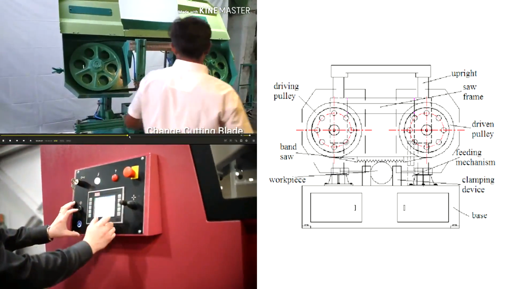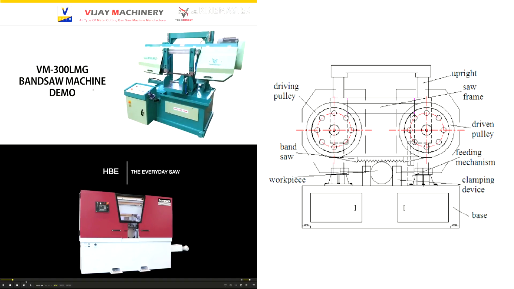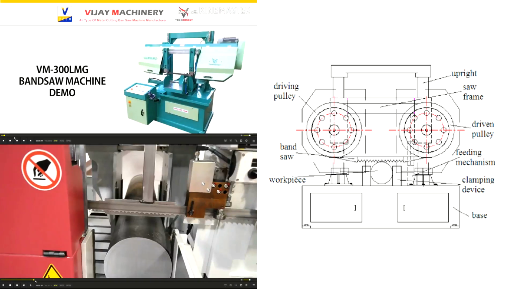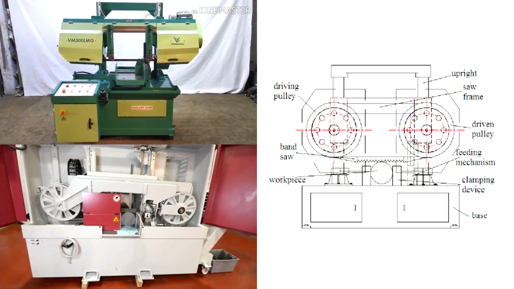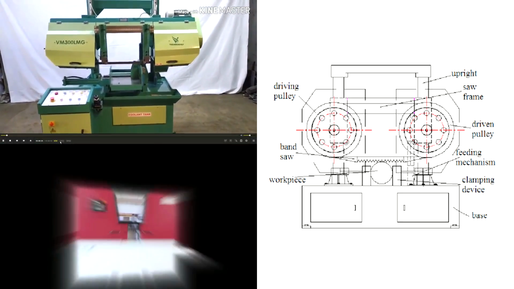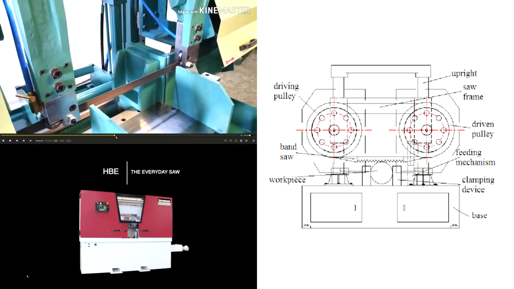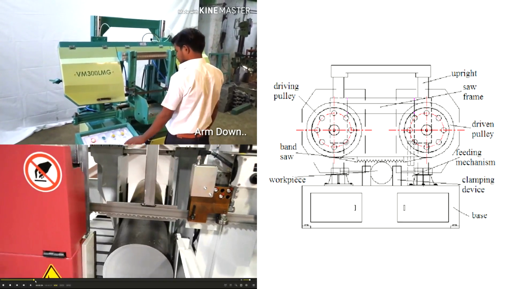The entire dynamic concept needs to be applied to fulfill the requirement in doing the manual calculation. But for this video, we would like to explain the simulation regarding this bandsaw machine.